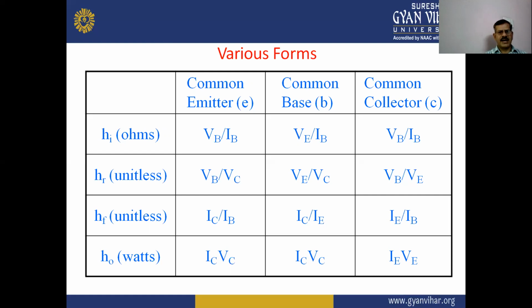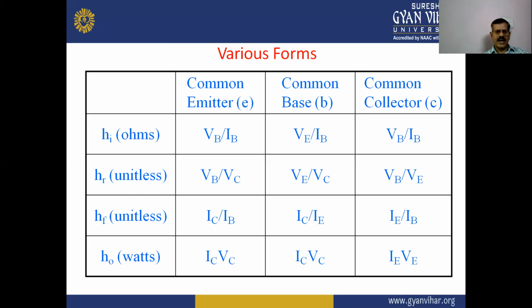Next parameter hr, that is unitless. So hr equal to VB upon VC, this is the voltage gain for the common emitter, and this will be equal to VE upon VC in the common base configuration, and hr also equal to VB upon VE for the common collector configuration.